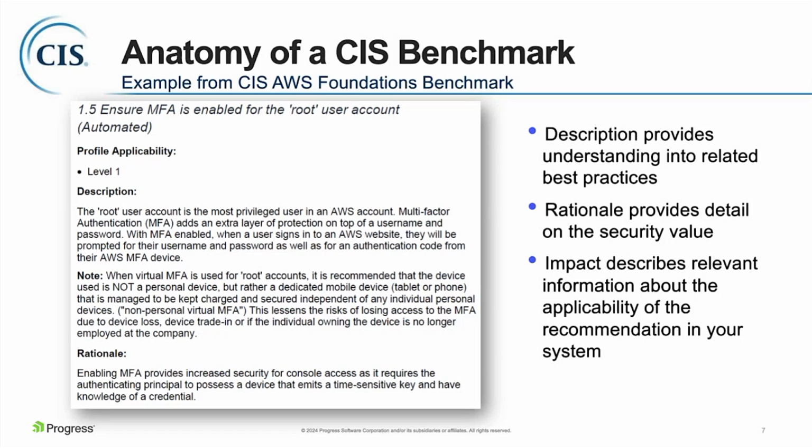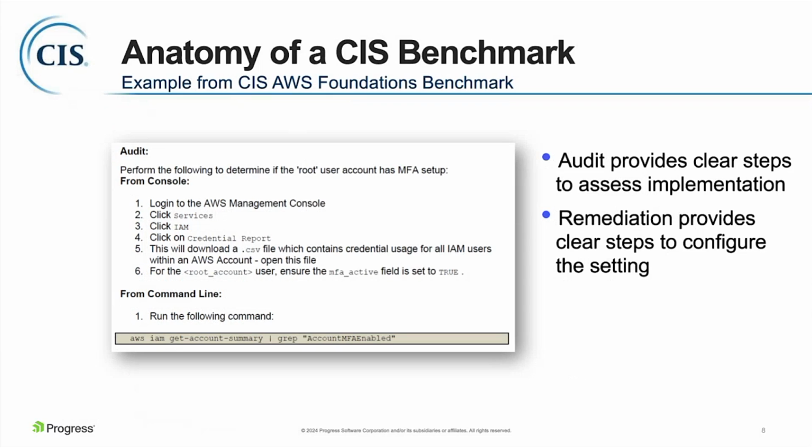So as we get into the next slide, the second half of the benchmark section, we don't just provide what you should do. We don't just say set X to Y, enable MFA for root account user. We also provide audit and remediation steps for all of the benchmark recommendations. So here you can see it's fairly simple.